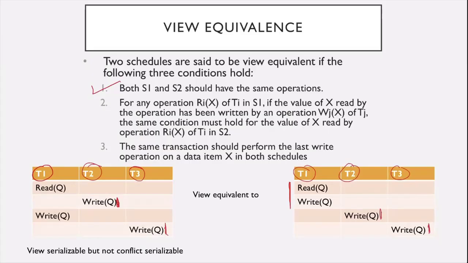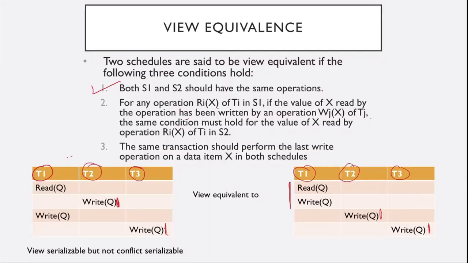Then the second one is for any operation read X of Ti in S1. If the value of X read by the operation has been written by an operation write X of transaction Tj, the same condition must hold for the value of X read by operation read X of Ti in S2.